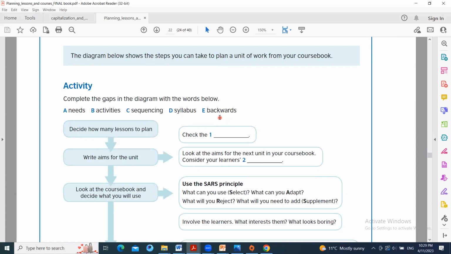We have an activity: complete the gaps in the diagram with the words below. The words are A, needs, B, activities, C, sequencing, D, syllabus, and E, backwards.